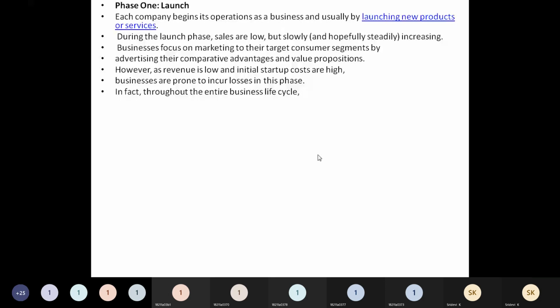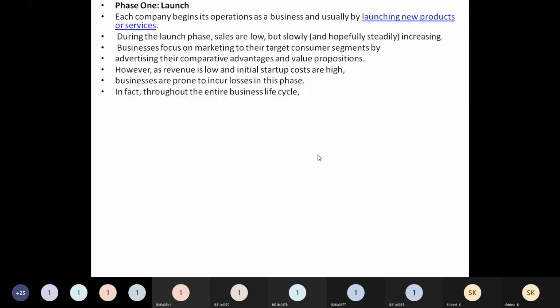Why? Because to start up the business, they will be spending more on costs and expenditure. They have to purchase so many things, all related assets, buildings, raw materials, and they have to recruit labor or employees.